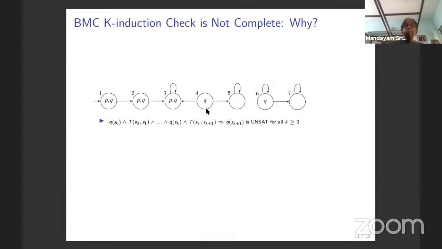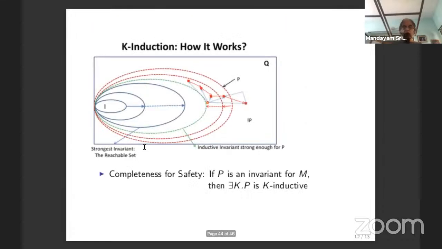Okay. That is, we need to strengthen the hypothesis of the inductiveness check with a check that no repeated states exist in the hypothesis. You will have to add this constraint.